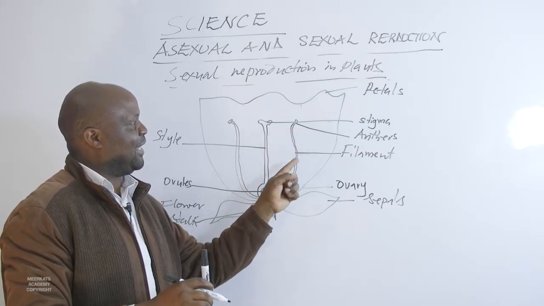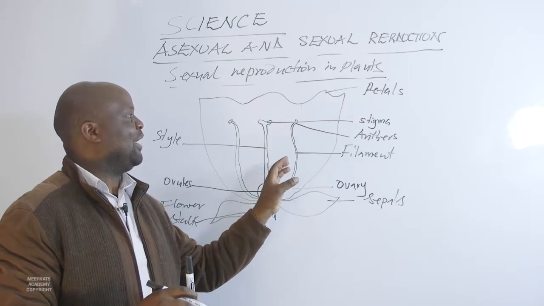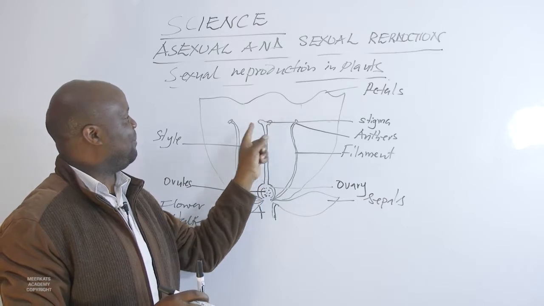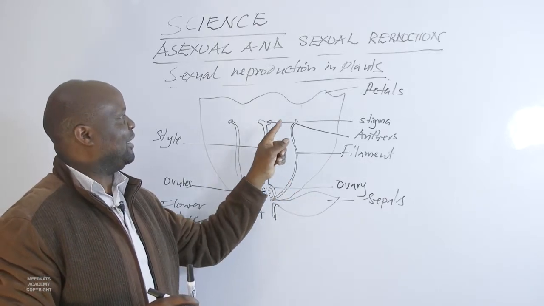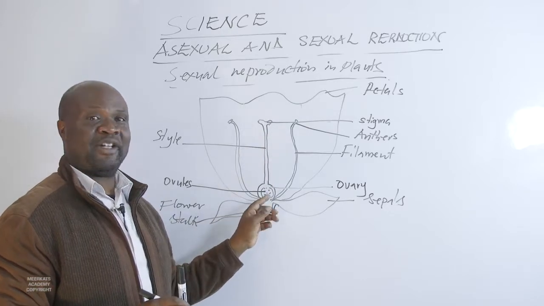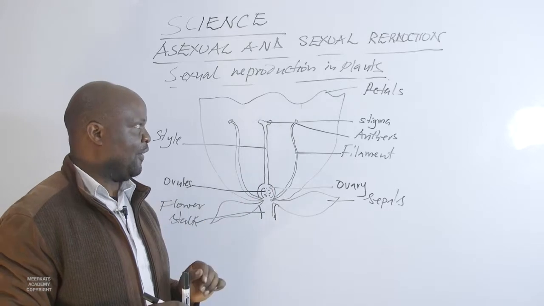The anthers and the filament both form what we call the male part, and the stigma, the style, and the ovaries form what we call the female part of a flowering plant.